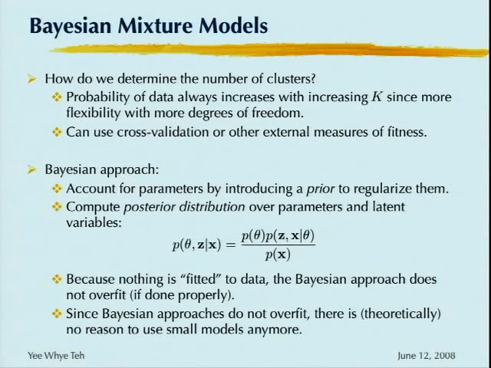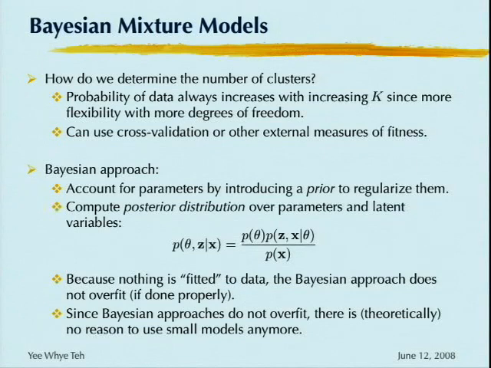Every time you introduce new parameters into your mixture model, you pay a cost for the parameter. As you increase the number of clusters, there's a trade-off between paying lots for your parameters and describing the data better. At some point the trade-off balances out, and that point gives the optimal number of clusters according to the Bayesian approach.